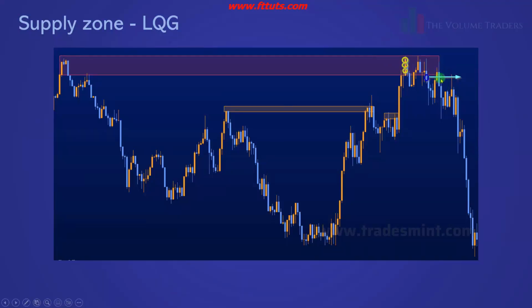And then on the retest was the right moment to join the market in a safer way. So again, aggressive right after breaking the liquidity grab candle, and conservative on the retest of the sellers. Let's see another example.